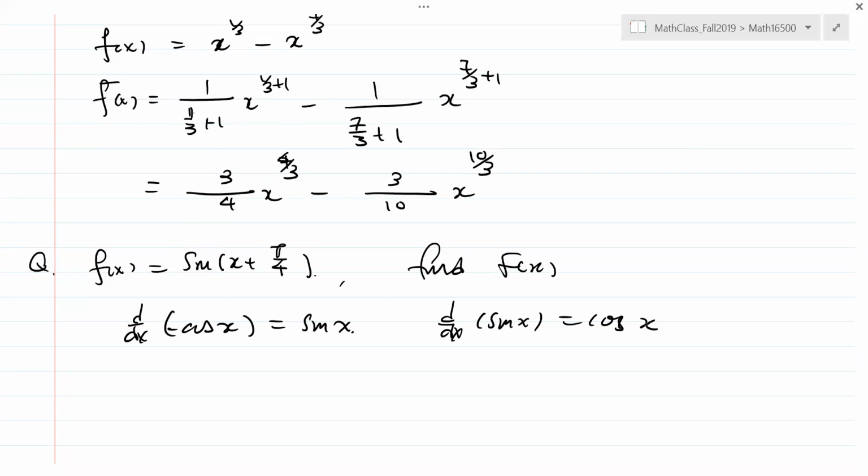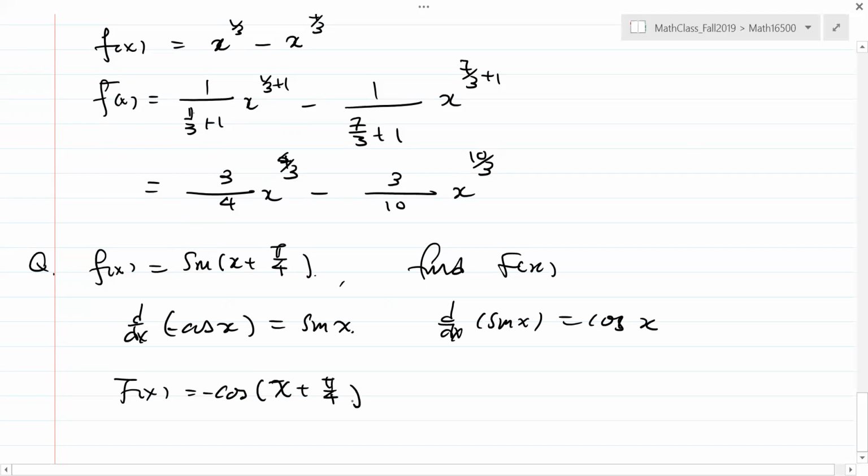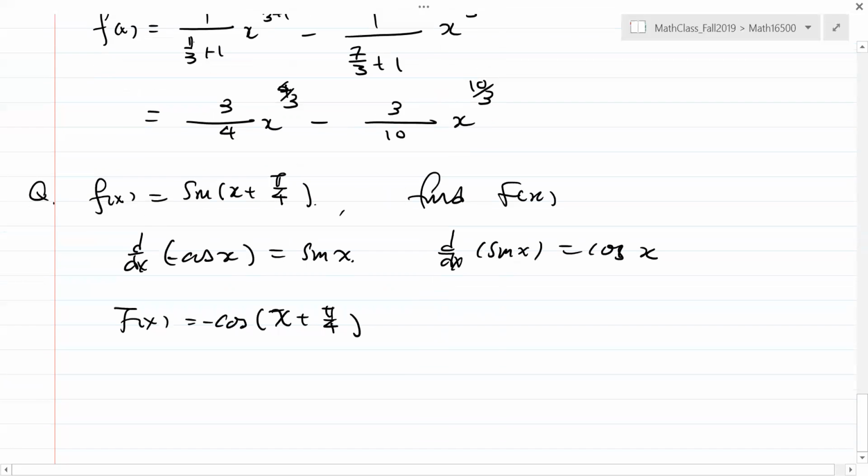But how about sine of x plus pi/4? We guess that it's probably going to be negative cosine of x plus pi/4. The sine becomes negative cosine. Then you check. You know how to use the chain rule to find the derivative, right?